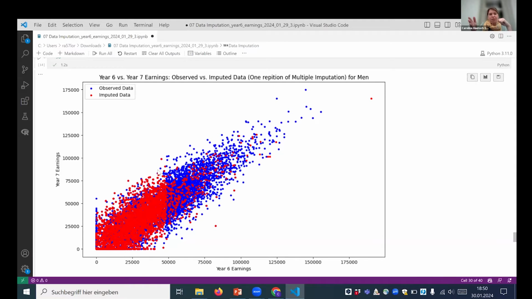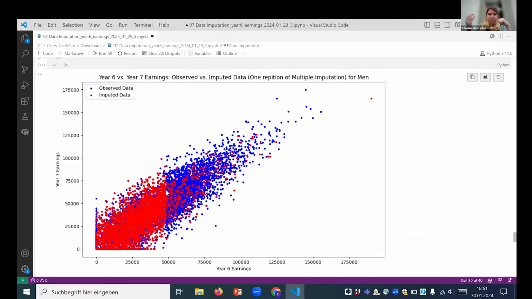You might notice this weird change of pattern again around 50,000. This is because we set up the missingness mechanism in that way. So if you're below these $50,000, you have a much higher chance of missingness than if you're above that threshold. So that's why we see this hard cut here. In reality, this would probably be less distinct. But yeah, this is what it should look like. So you should have plausible values after imputation.